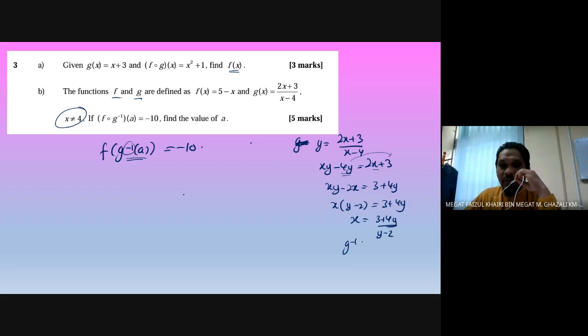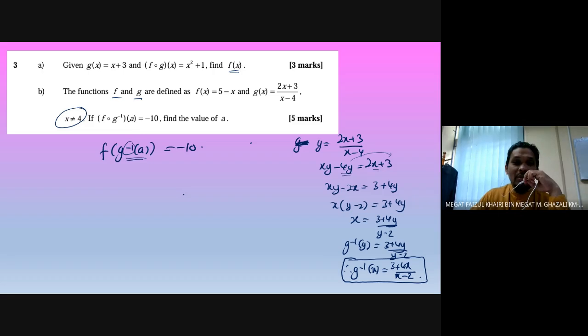So g inverse of y equal to (3 + 4y)/(y - 2), and g inverse of x equal to (3 + 4x)/(x - 2). This is the g inverse that we're going to use in solving this question.